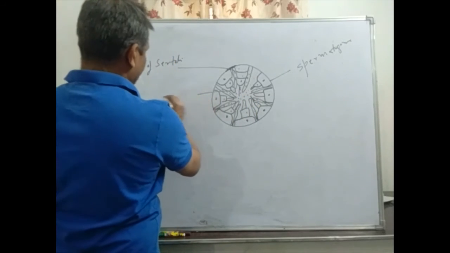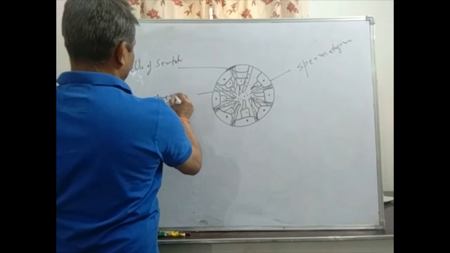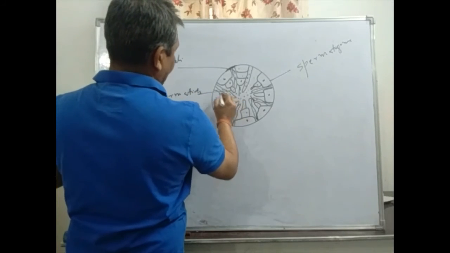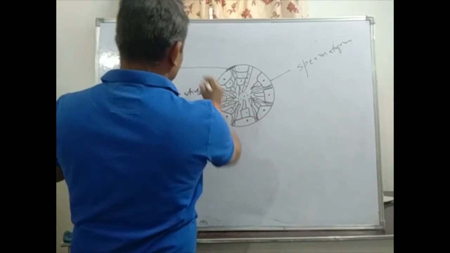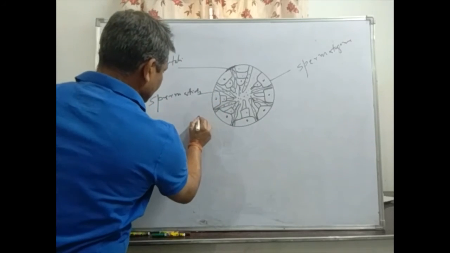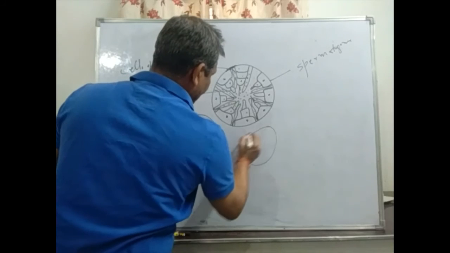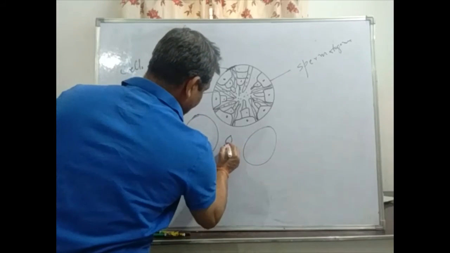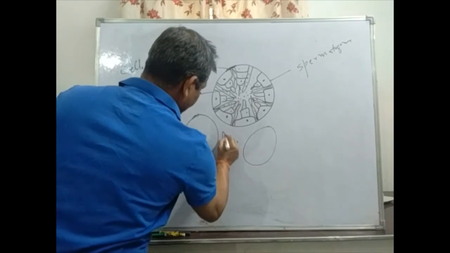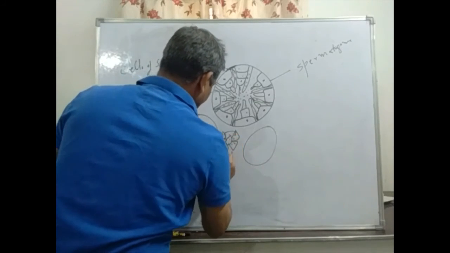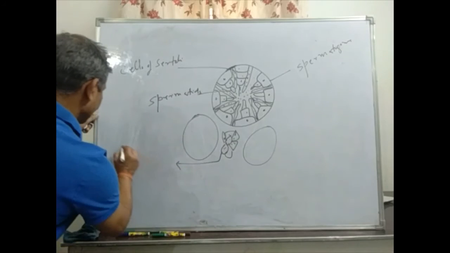These are the spermatids. So this is one seminiferous tubule, and another, this is a bunch like this. And there are some masses of specialized cells also in between. These are the masses of the Leydig cells.